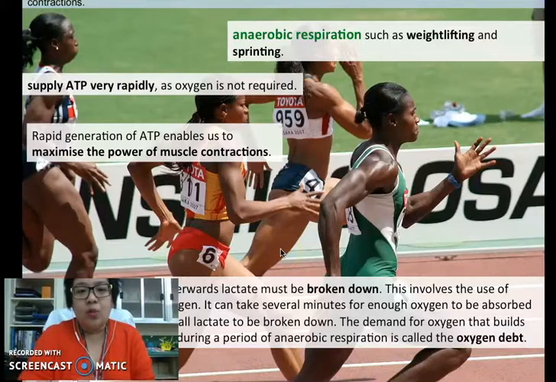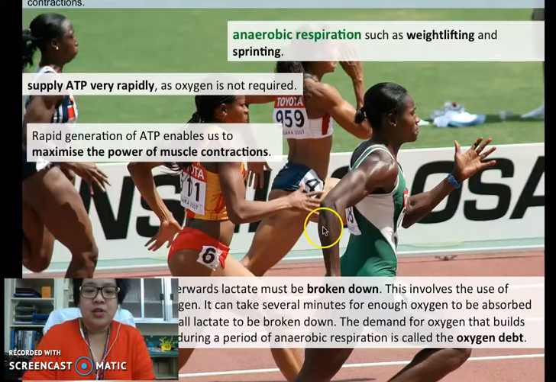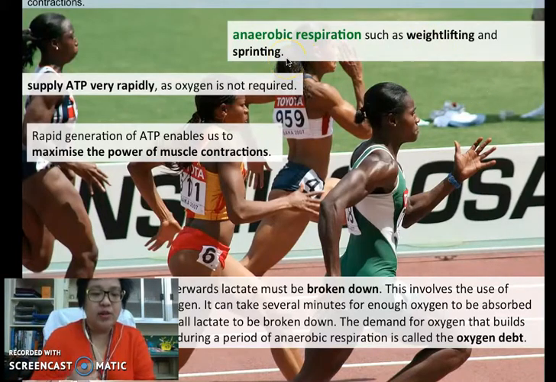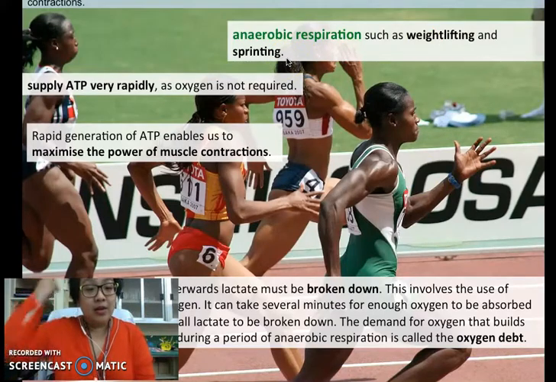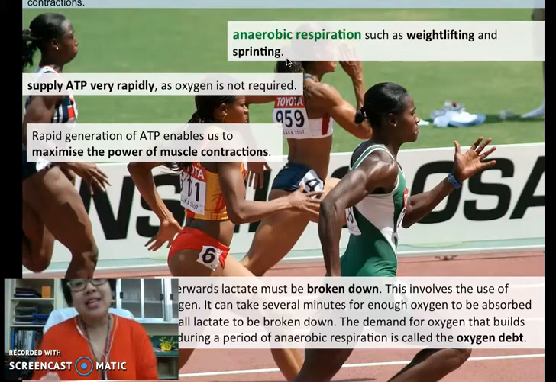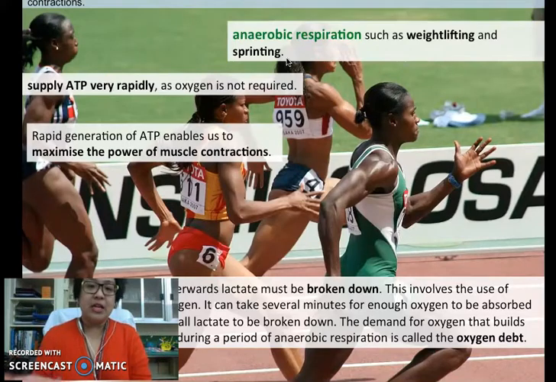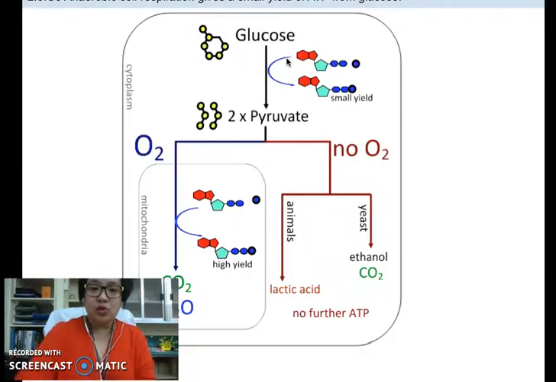Now, when do we actually need anaerobic cell respiration? So it says here weightlifting and sprinting. If you need that instant source of energy, you don't want to wait for glucose to completely undergo cellular respiration. But what the cells will do is resort to anaerobic cell respiration. This is faster.